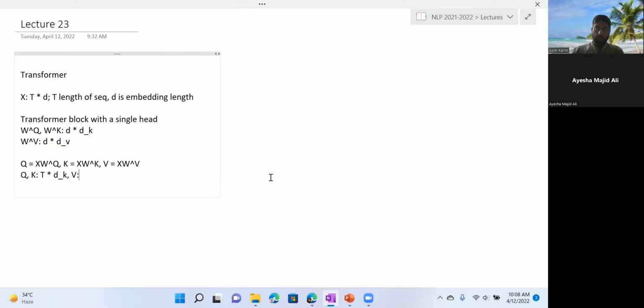And V, of course, is T by D_V. The V in W^V is a superscript, not a power; it identifies that this is the parameter V. All right. So from these rows, we then compute the dot products and then find the alphas, which are the attention weights. And all of those weights can be computed in one computation, which is written as self-attention.